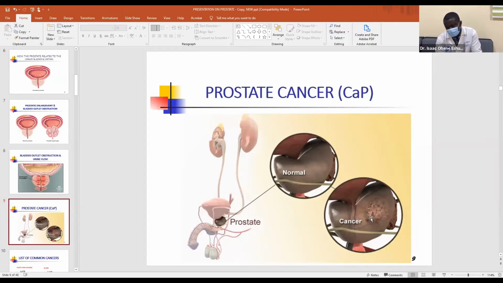But immediately you take a cancerous cell, you can find a sharp demarcation or contrast between the abnormal cells and the normal areas. Here, even without a trained eye, you can appreciate that something aggressive is taking place. So this is a prostate that has started showing gross signs of cancer.